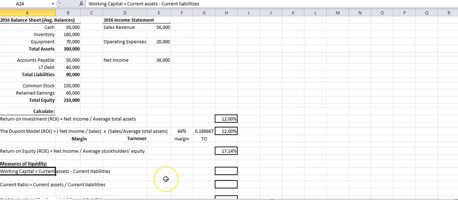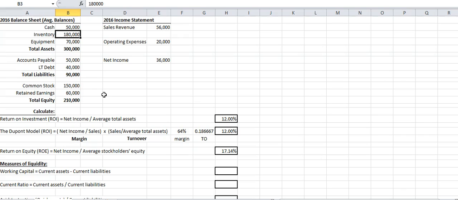What are current assets? Well, current assets are assets that are converted into cash during the operating cycle of a company. You have cash, you have inventory, you have accounts receivable. Some prepaid accounts are current assets if they're going to be used up within a year. What else is another current asset?